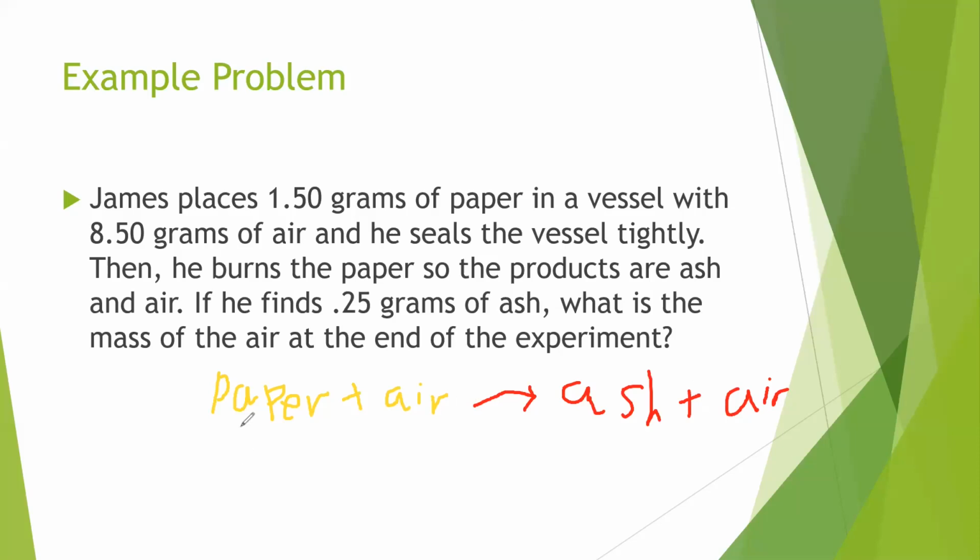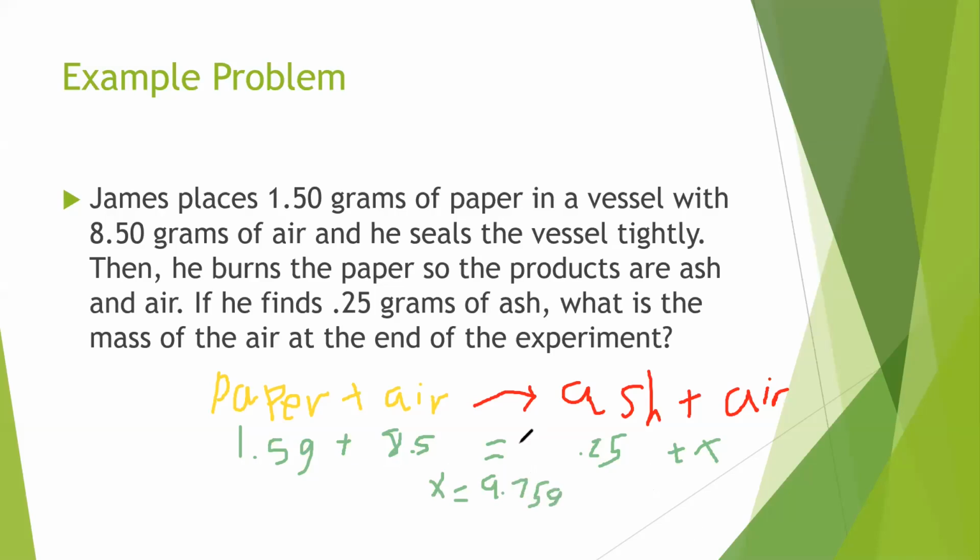So we know there's 1.5 grams of paper and 8.5 grams of air. And at the end, we know there's 0.25 grams of ash. By the conservation of mass, we know that the sum of the left equals the sum of the right. So we can let the mass of the air at the end be x, and we can solve this equation to get x equals 9.75 grams.